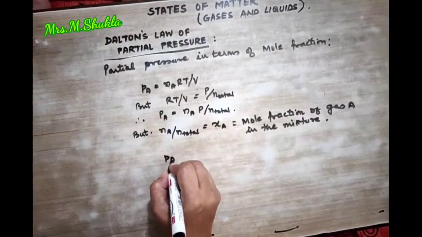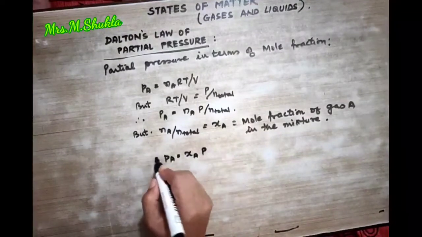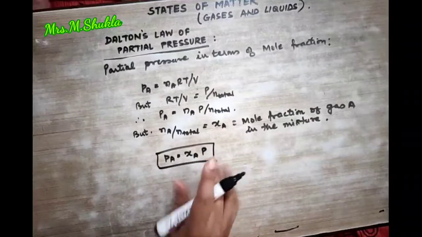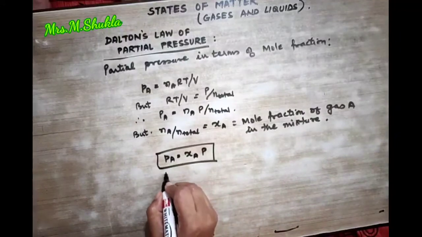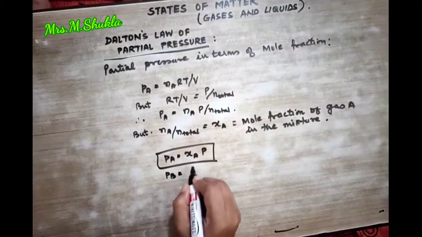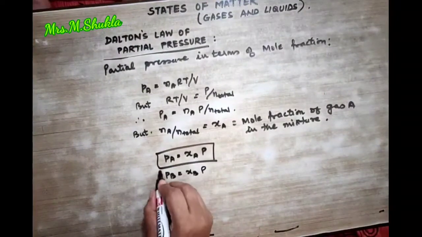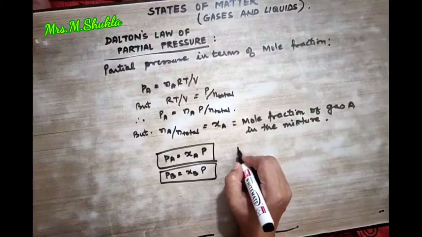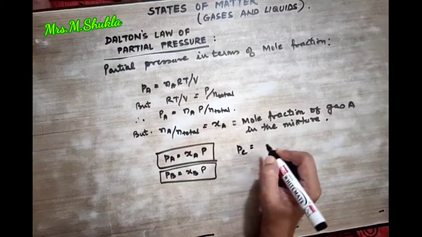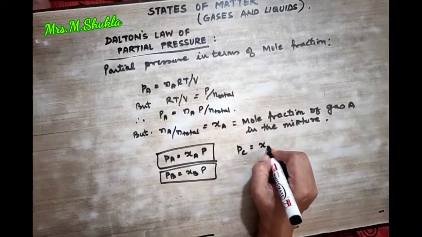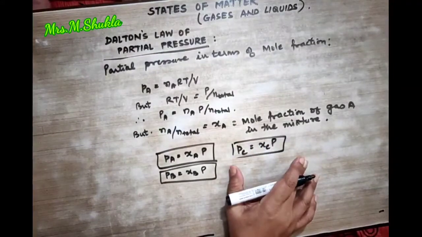This can be written as PA is equal to the mole fraction into pressure. Okay, so the partial pressures of other gases can also be written like this. The partial pressure of gas B is equal to the mole fraction of gas B into pressure, isn't it? Similarly, the partial pressure of gas C can be written as the mole fraction of gas C in the mixture into pressure. Is this point clear to all of you?